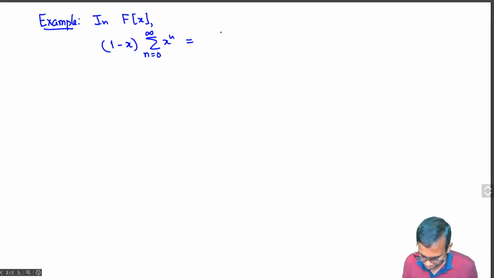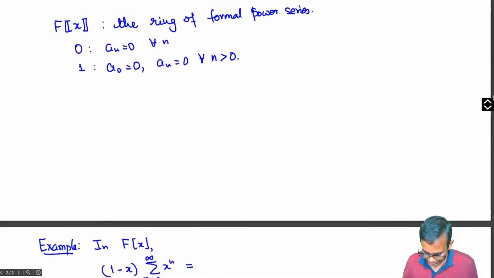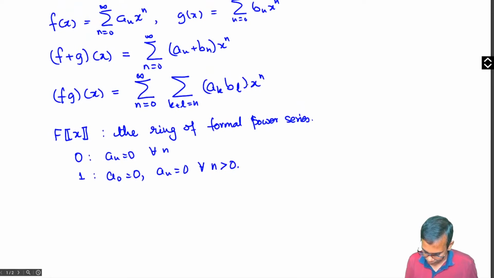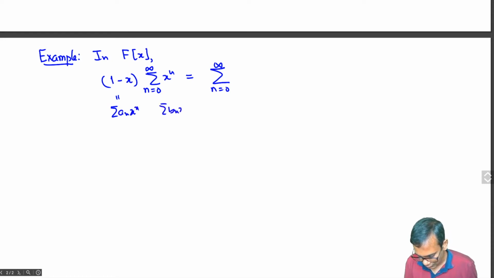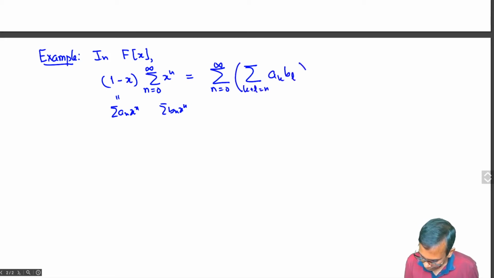When you write down this product using the formula for the product, what you see is that this is just summation n goes from 0 to infinity. Let's call this thing summation a_n x to the n, and this thing summation b_n x to the n. Then what we are looking at is the sum over k plus l equals n of a_k b_l.